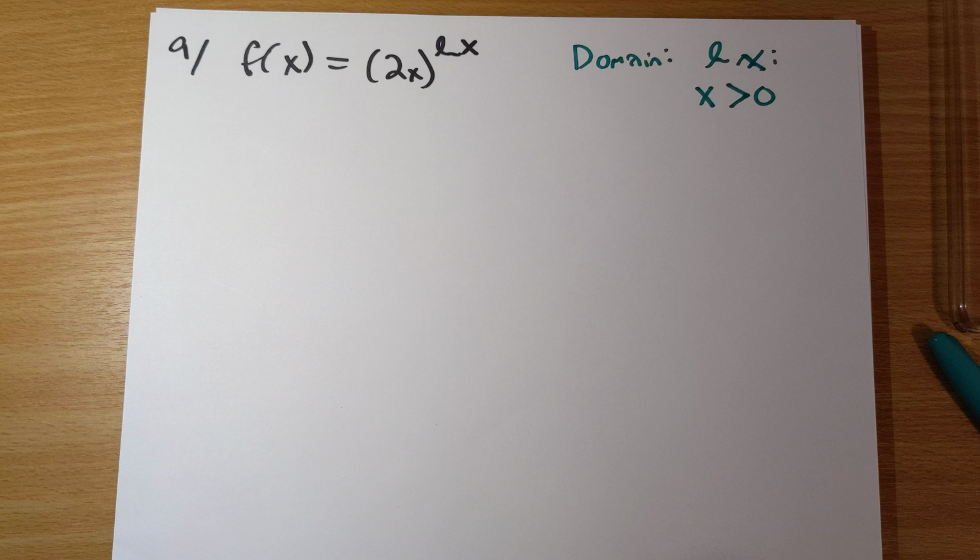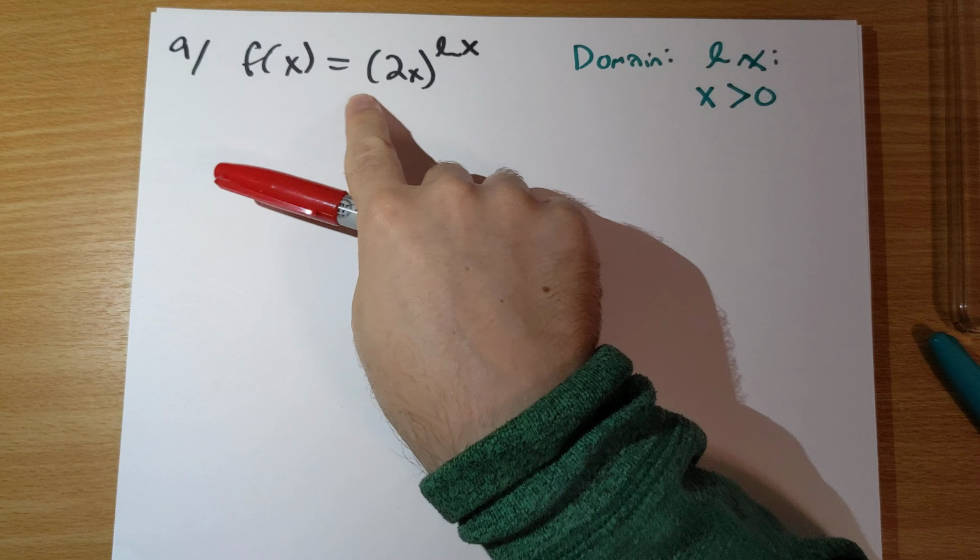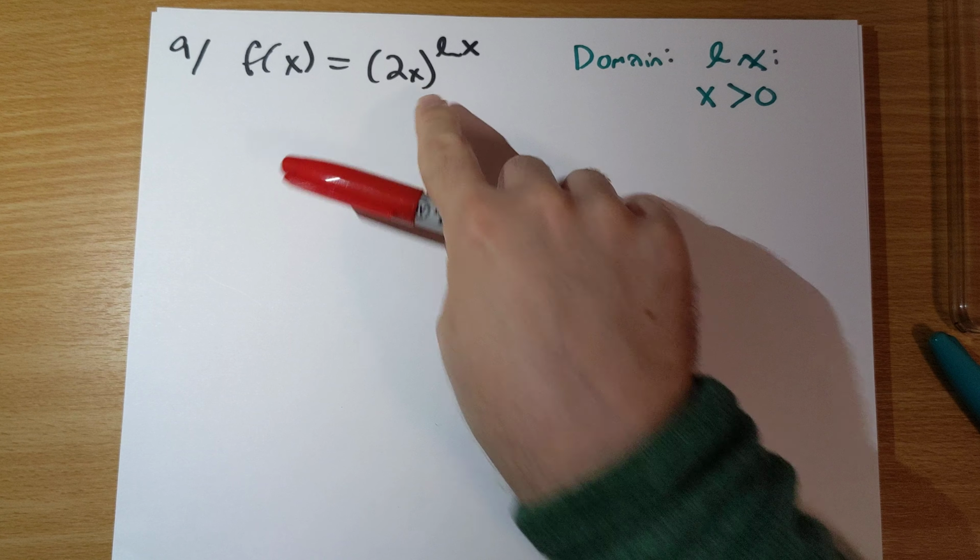Okay, let's work with this. In order to find critical values, critical points for this function, we need to take the derivative, set it equal to 0, or also think about when the derivative is undefined. How do we find the derivative of something that looks like this?